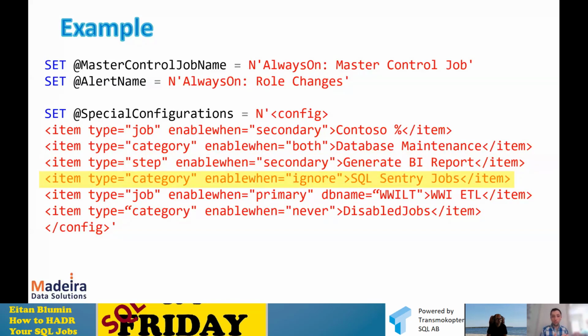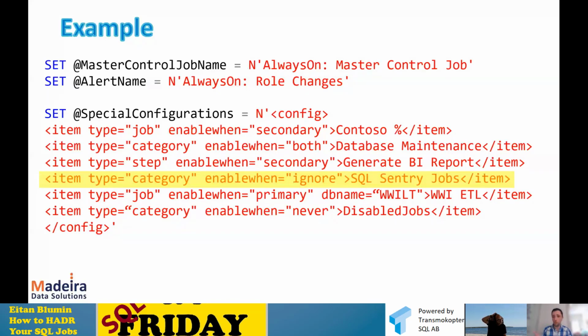And also I have, let's say, a category for SQL Sentry jobs that I actually wouldn't want to control. I wouldn't want to change based on the database role. I want to ignore them. More precisely, I want the master control job to ignore these.